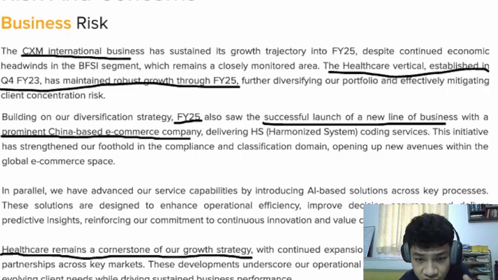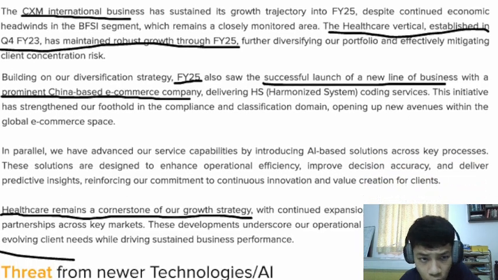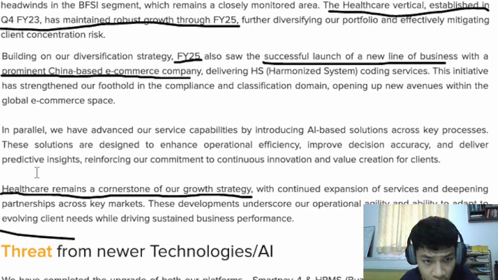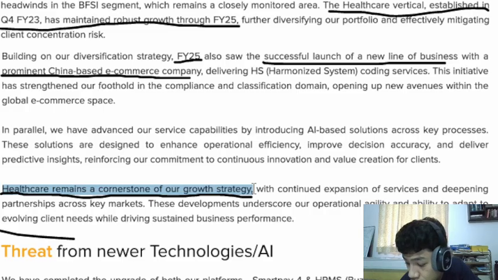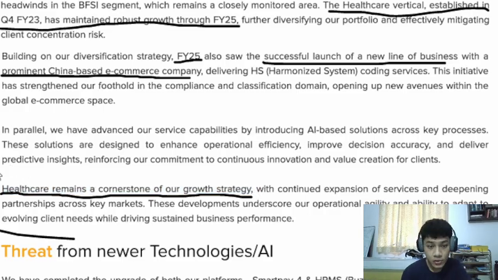A new product achieved success with a prominent Chinese-based e-commerce company. And down below, they have said that healthcare remains a cornerstone of our growth strategy. All right, healthcare remains a cornerstone of the growth strategy.